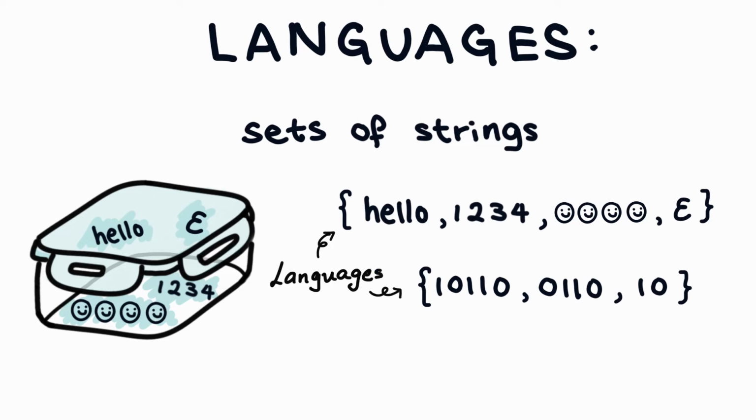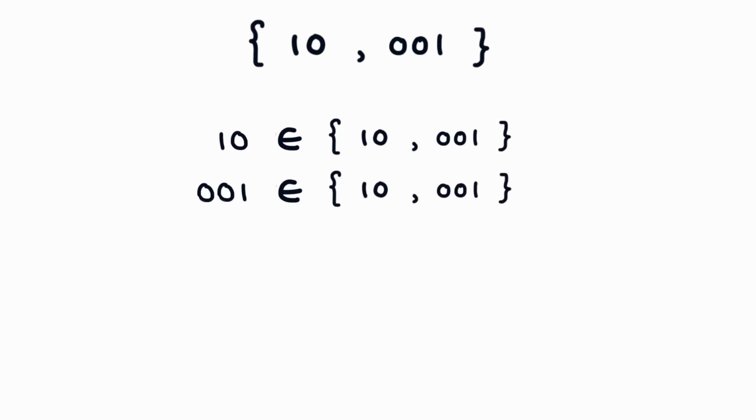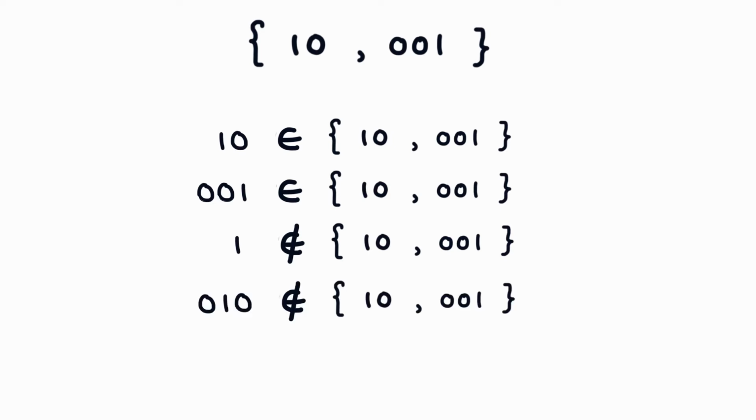And for any string in each set, we say the string is in the language. So for this language, we can see that 10 is in the language and 001 is in the language, but 1 is not in the language, and neither is 010 nor 0001.